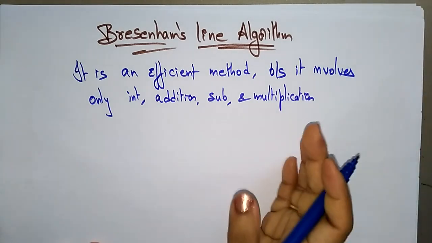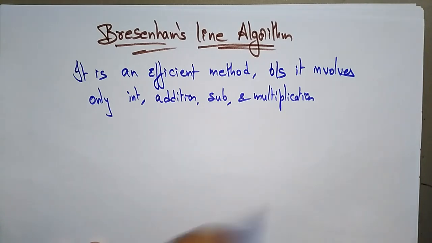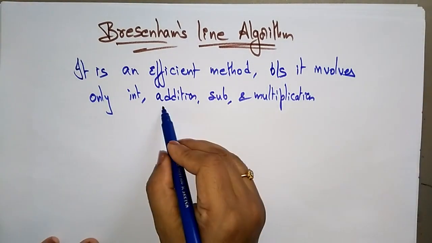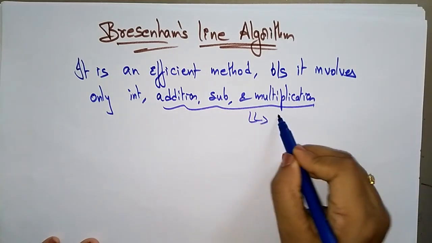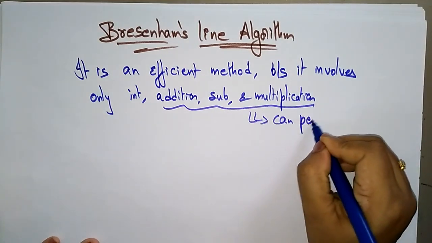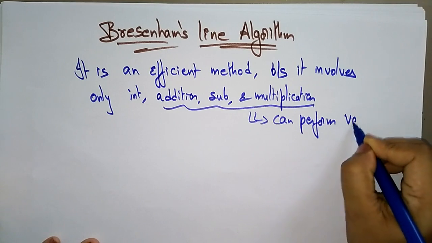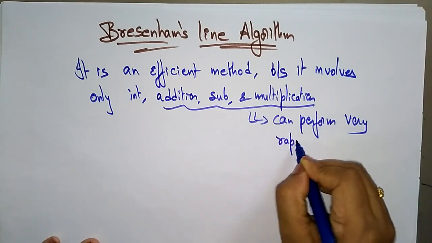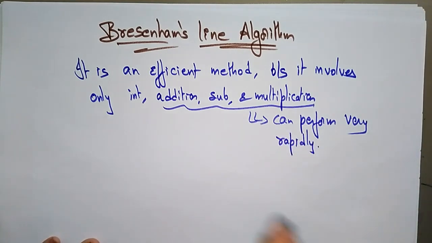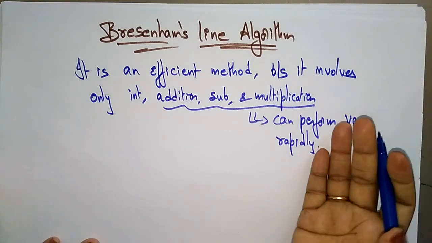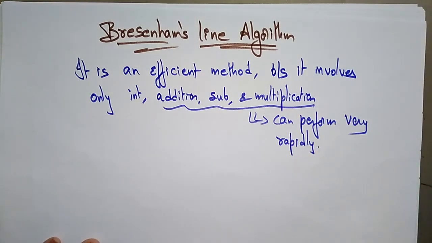These operations can be performed very rapidly when compared to other algorithms. Because of performing rapidly, the lines can be generated very quickly.